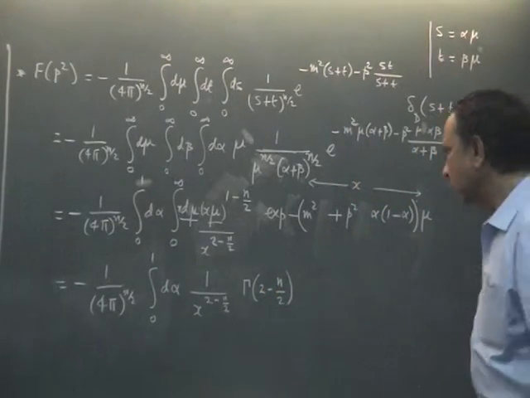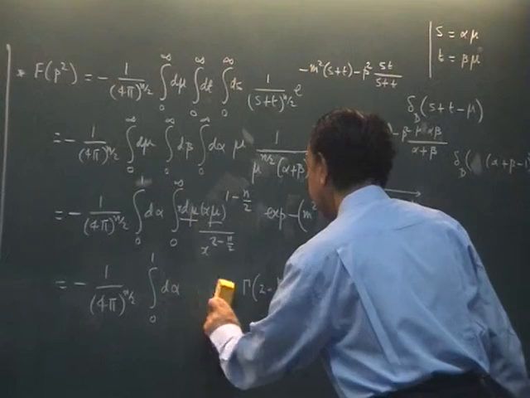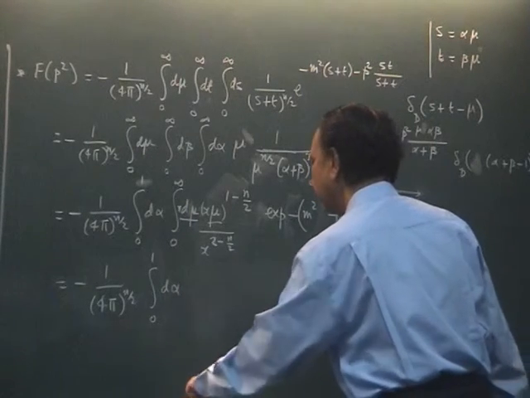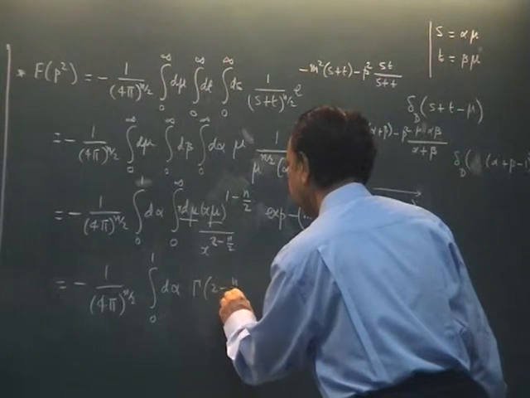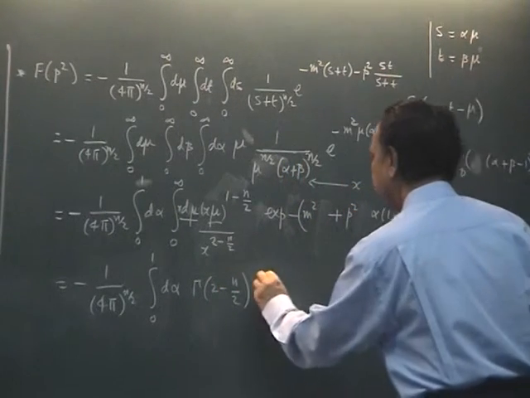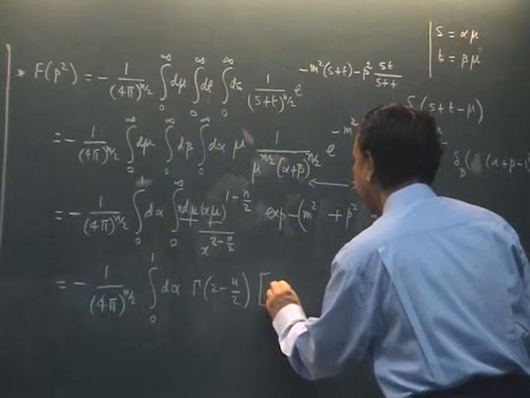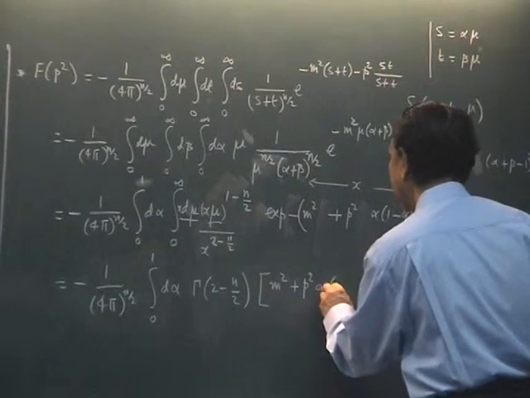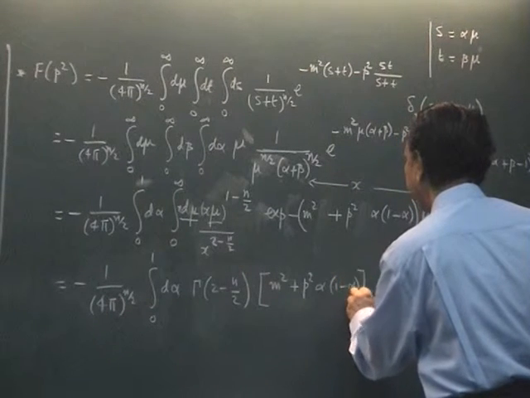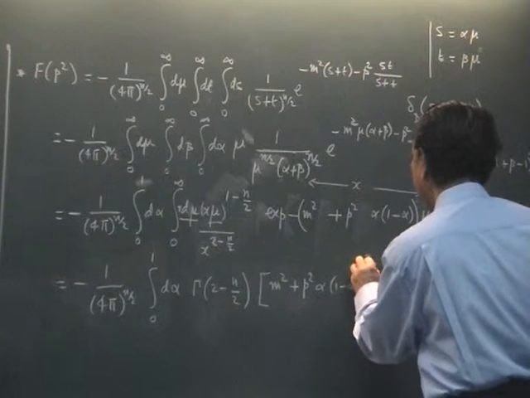Okay. Now this quantity can be written on top as m square plus p square alpha into 1 minus alpha to the power n by 2 minus 2.